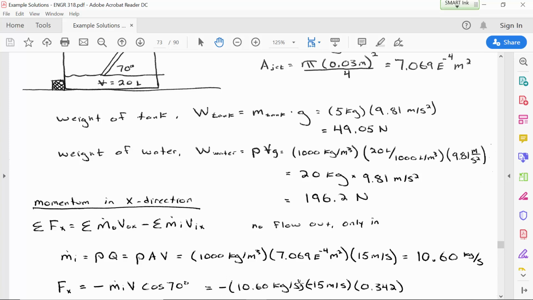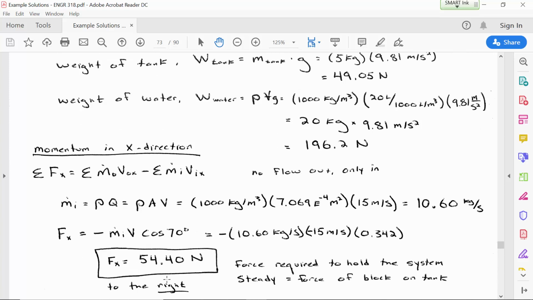And then since it's to the left, the velocity also has a negative. So those two negatives are going to cancel each other out. And then the 0.342, that's the effect of the cosine of 70. So it tells me that less than half of the reaction is going to be in the horizontal direction, and that's what I'd expect to see.